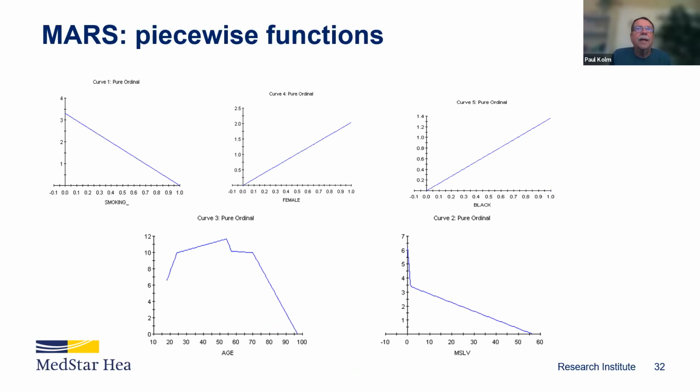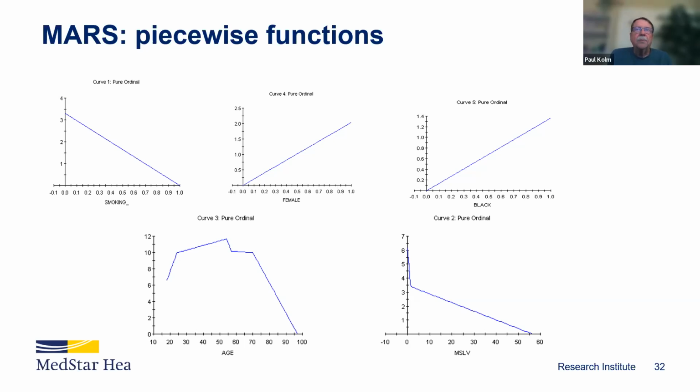This is what it would look like. For dichotomous variables, you get just the straight line, this just goes from 0 to 1. So you always get a straight line for those. But you can see for our continuous variables, age and months since last visit, we get nonlinear functions.